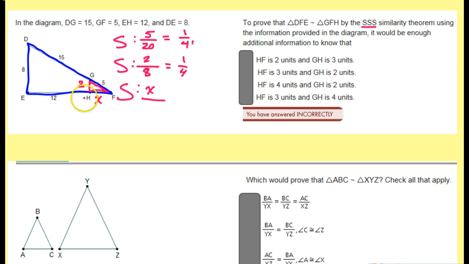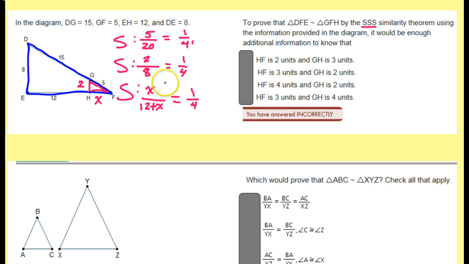The big side would be the sum of these two, 12 plus X, and somehow this has to equal 1/4. This is the trickiest part, but I'm going to go ahead and solve this right now, because this has to turn out to be 1/4.